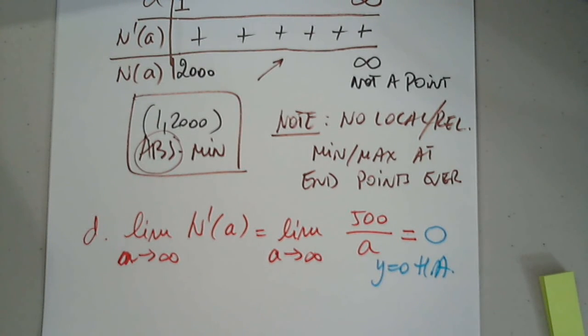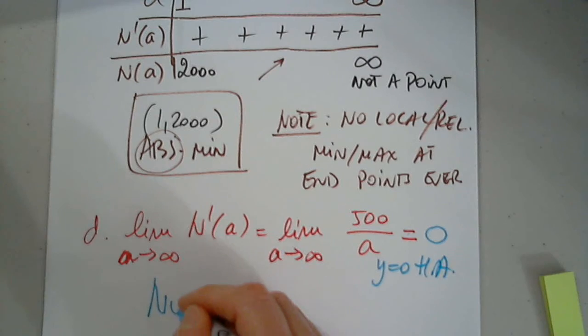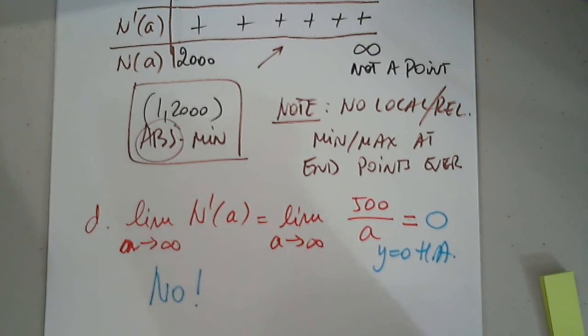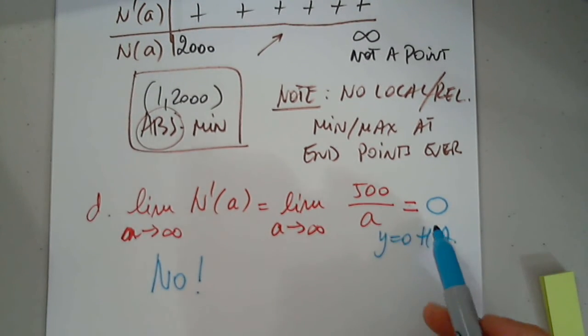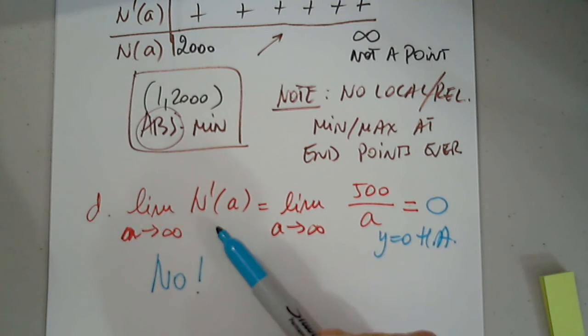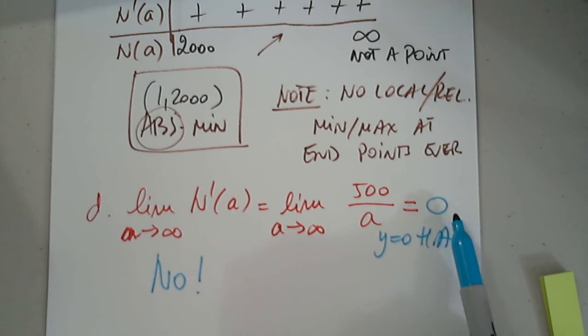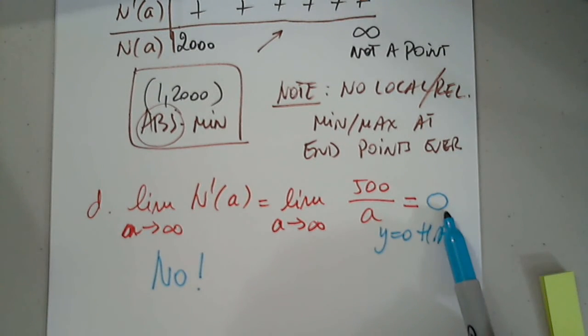No, because at one point you're going to be spending more than you're ever going to be selling. Very good. No. Because the rate of change will not increase. It will get closer and closer to 0. The rate of change of number of units per $1,000 spent will get closer and closer to 0.